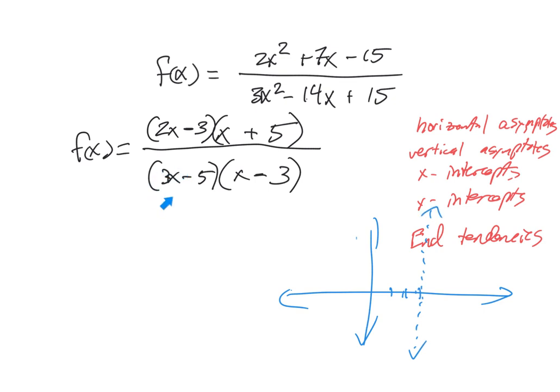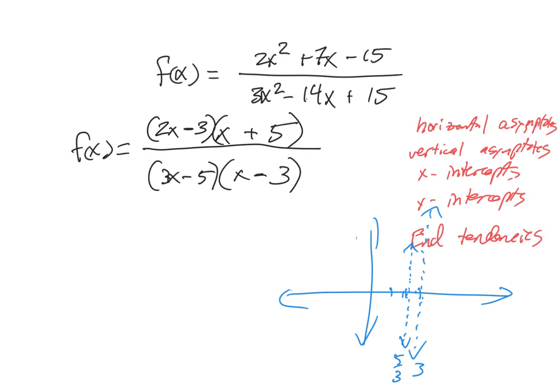And then here, what makes this 0? Well, if I set that equal to 0, 3x minus 5 equals 0, so x equals 5/3. At 5/3, which is just before 3, well, that's really close. So at 5/3, and then also at 3, I have vertical asymptotes.